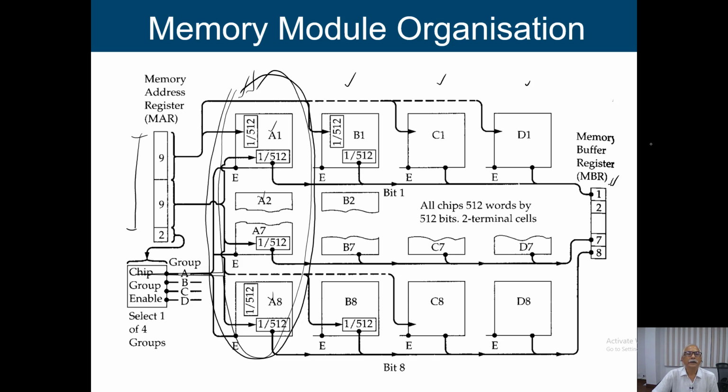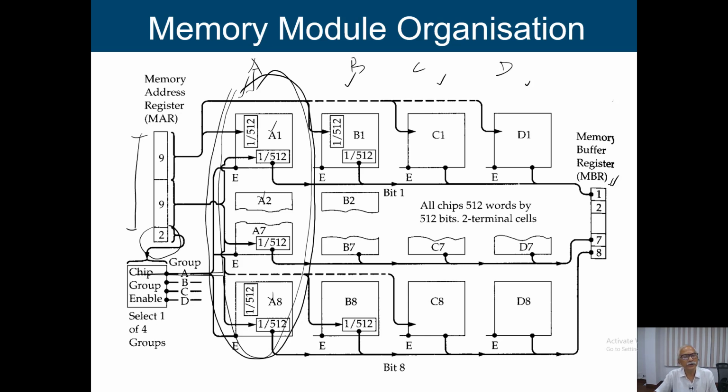So we get 8 bits of information, and that comes to the MBR. Now I am putting 4 such banks, A, B, C, D. To select any one of these banks I need 2 bits of information. That means we need another 2 bits in the address line. These 2 bits come as input to a 2 by 4 decoder.